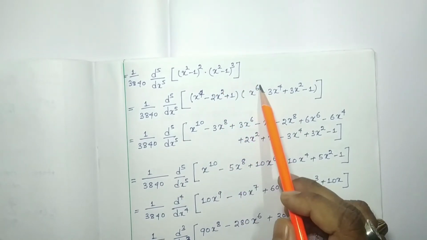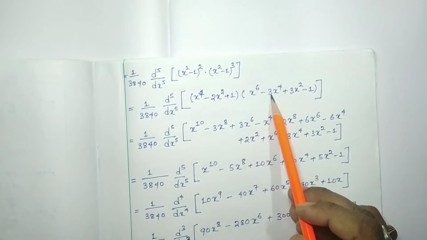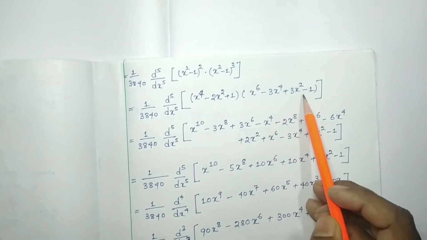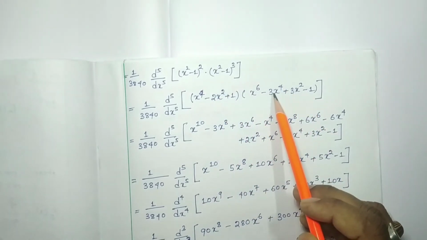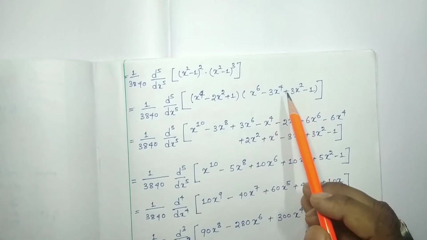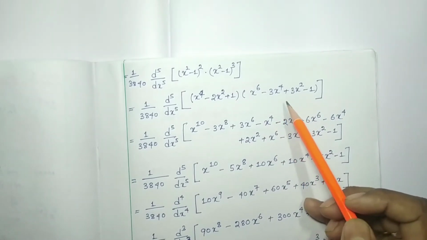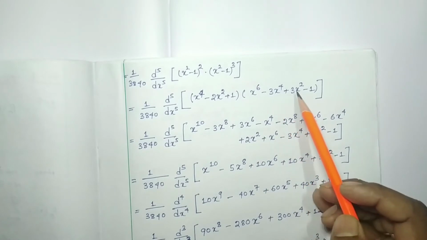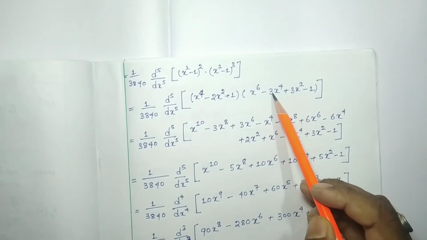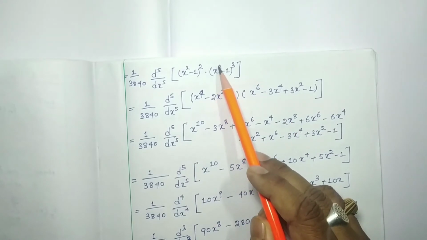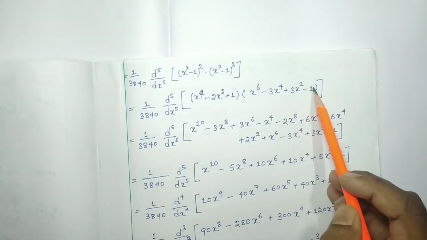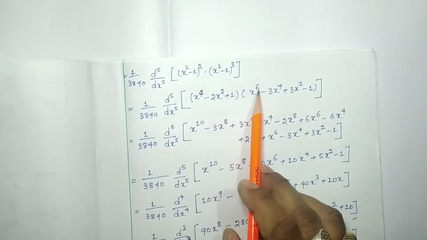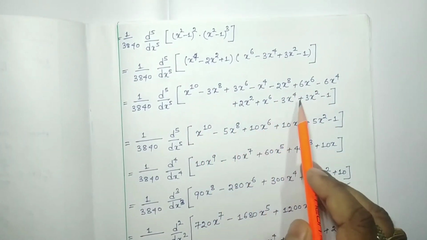So it will be x^6 - 3x^4 + 3x^2 - 1, because the terms are a^3, minus 3a^2 b, plus 3ab^2, minus b^3. Plus 3ab^2 means 3 times x^2 into 1, that is 3x^2. Minus 3a^2 b means minus 3x^4, since a^2 is (x^2)^2 which is x^4, and minus b^3 means minus 1. So you just multiply these two terms. You can find this one. Carefully you have to write these things.